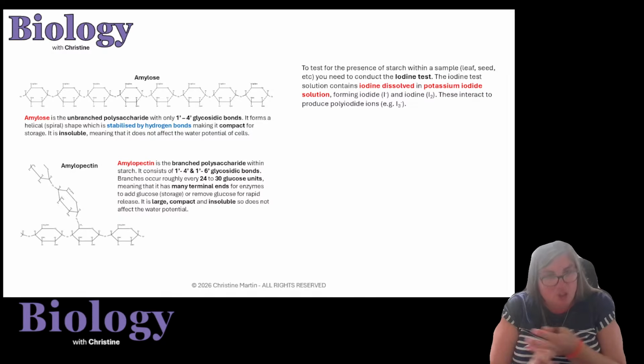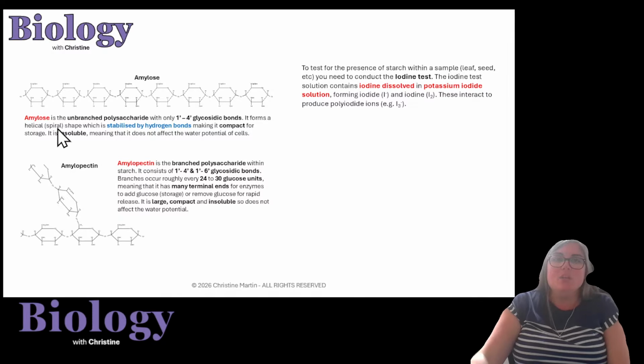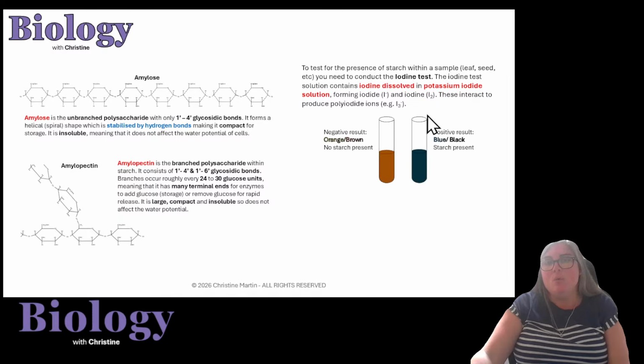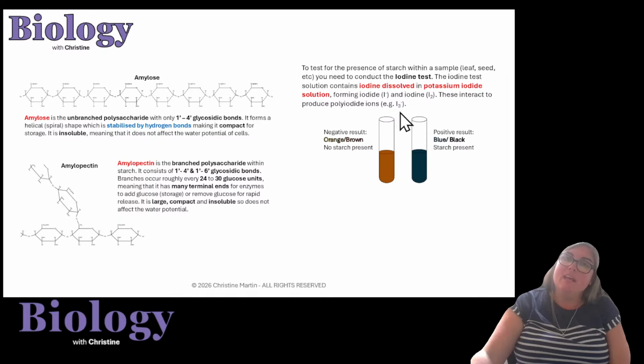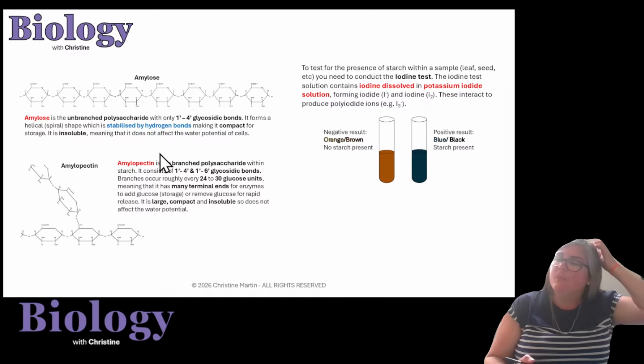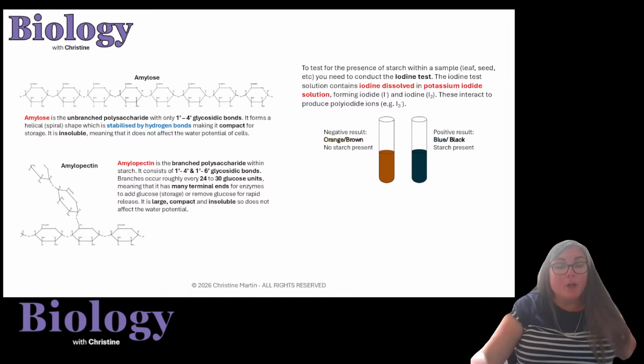It can be used to produce the starch. So starch we know is a polysaccharide, and therefore we should know it's made up of amylose and amylopectin. We should know that we have an iodine test that we would use and what the negative and positive results are to show that the starch is present or not.